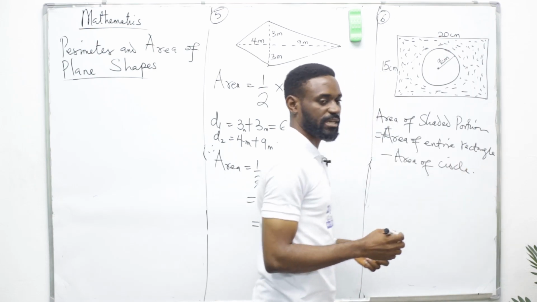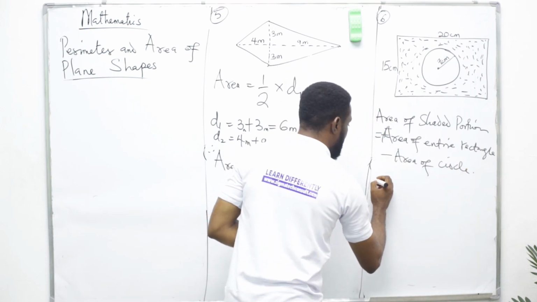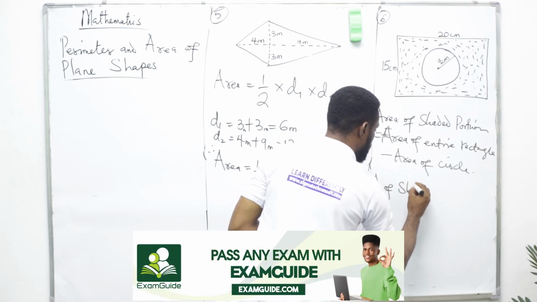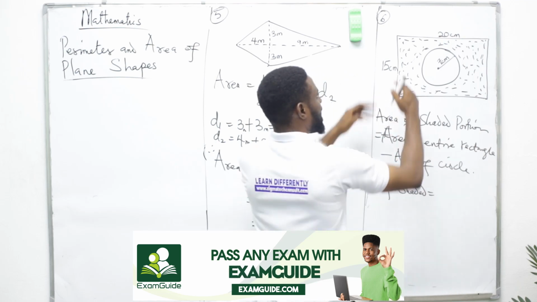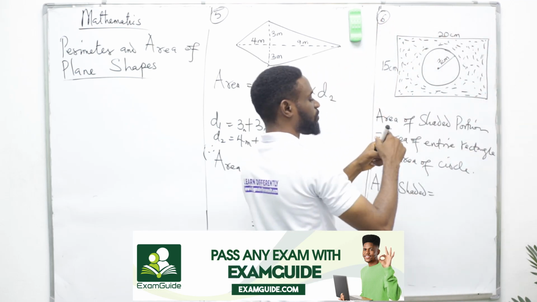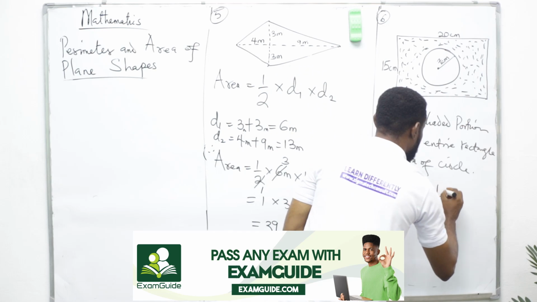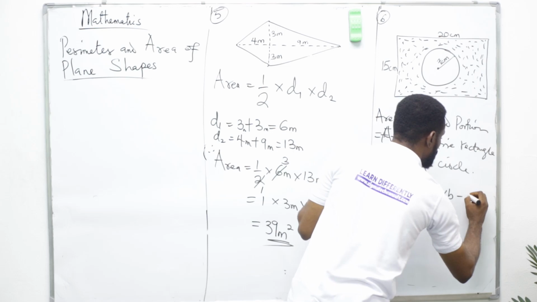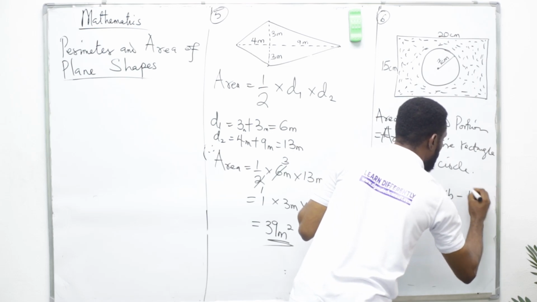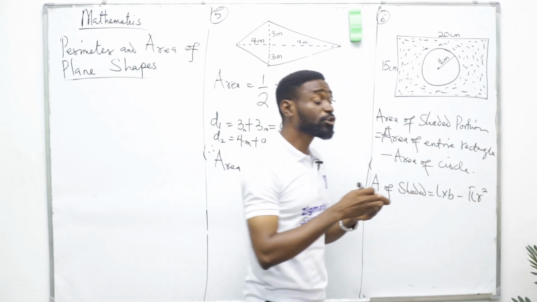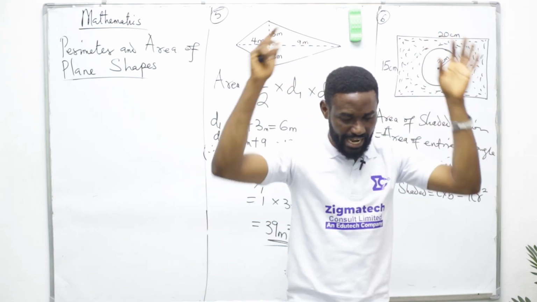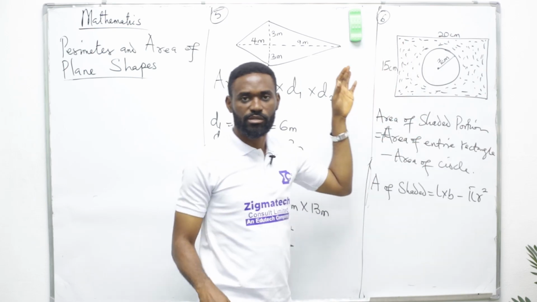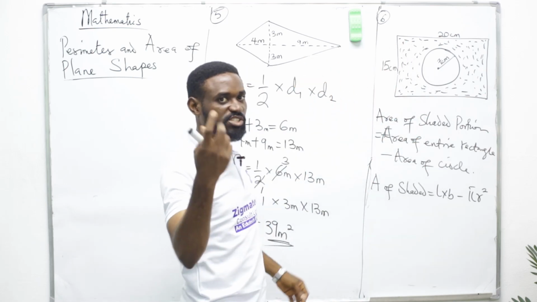The circle is not shaded. So the area of shaded will be equal to the area of this entire figure, which is length times breadth, minus the area of the circle, which is pi r squared. So your knowledge of the formulas for these areas will really play an important role in handling this kind of question. They are asking you two areas of plane shapes in one question.